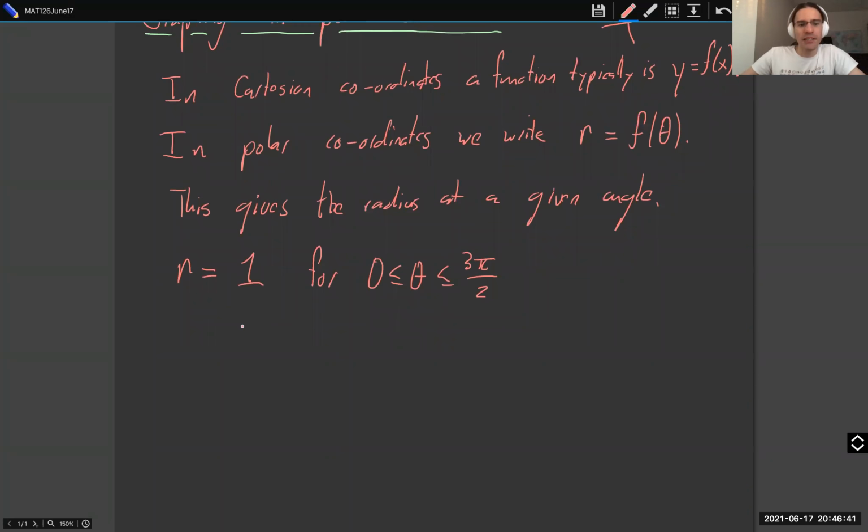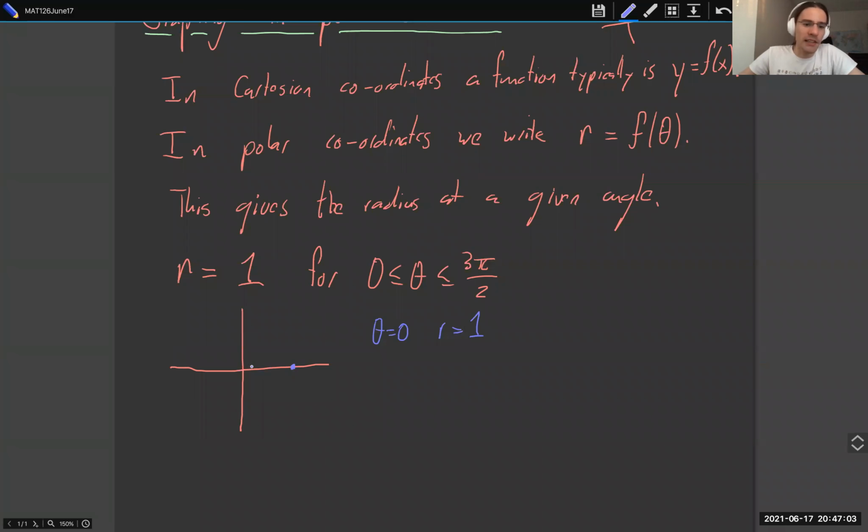What does the graph in polar coordinates look like? So for example, at theta equals 0, I have r equal to 1, right?